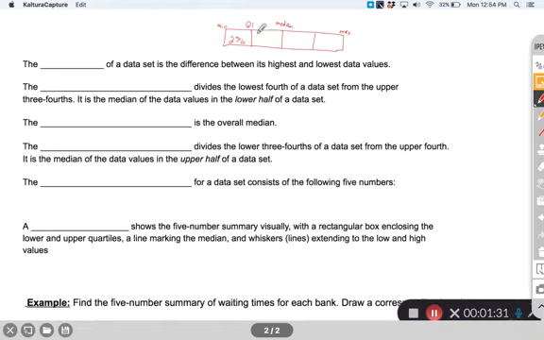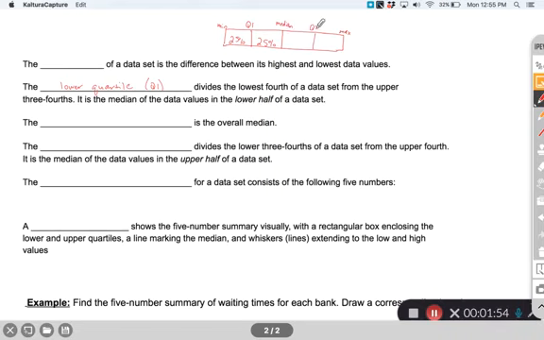This is known as the lower quartile, which divides the lower fourth of the data set from the upper 3/4. And then I would have 25% of my data that lies between Q1 and median. Oh, and lower quartile is what we mean by Q1.